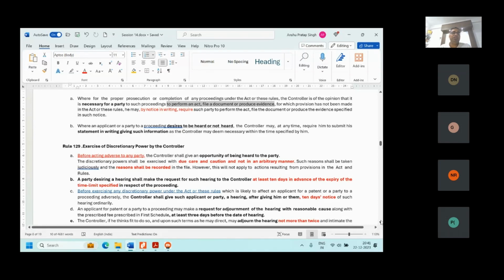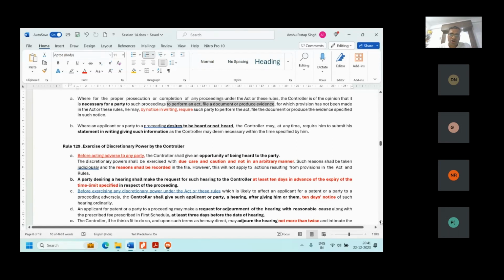on which his actions are being made. So first thing is that discretionary power should be exercised with due care and caution and not in an arbitrary manner. And all the reasons on the basis of which you are going for it should be recorded. When I say all the reasons should be recorded, there is one term you might hear when you are reading the cases. This is called a speaking order.